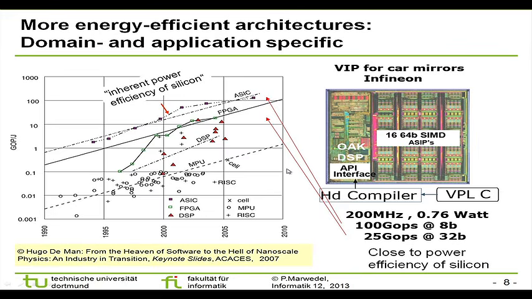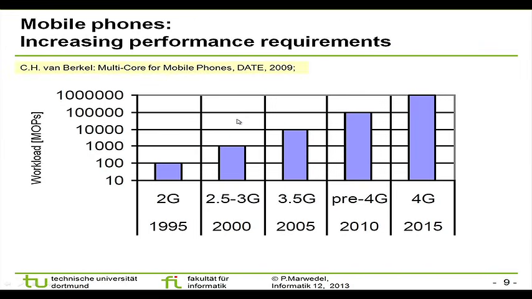We are approaching close to the power efficiency of silicon; the power efficiency of silicon is this curve. We discussed in the last class the tenfold increase of power requirement for mobile phones generation after generation.